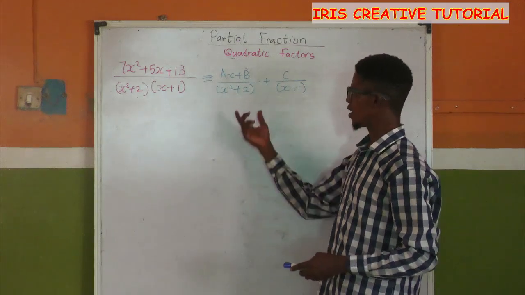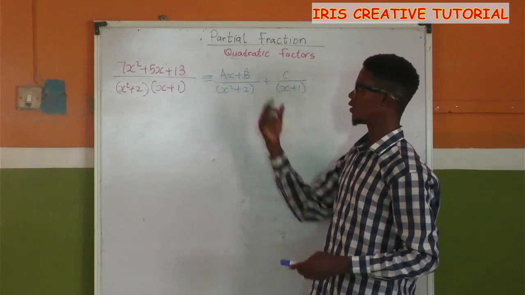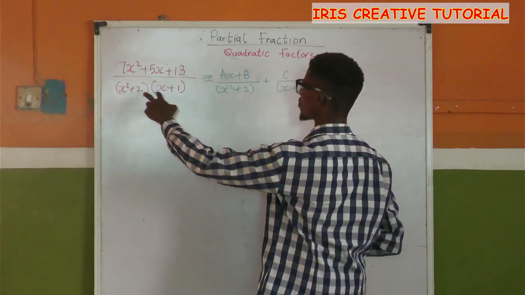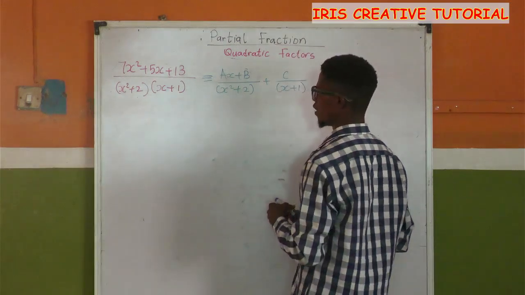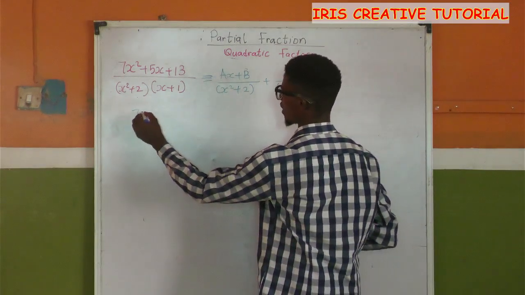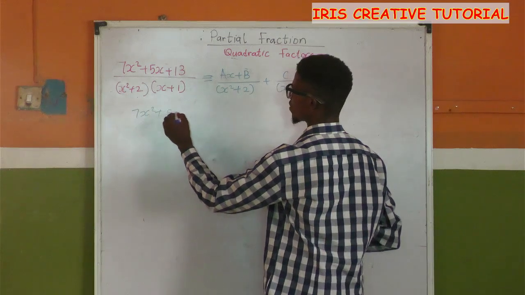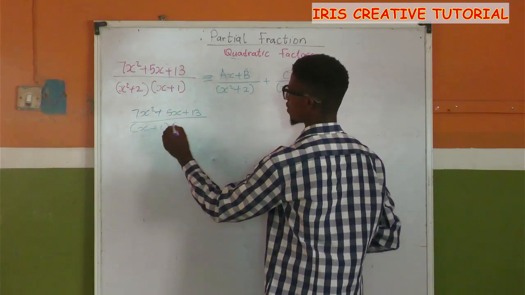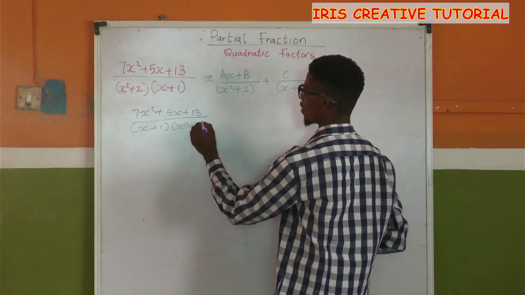Are you getting me now? So it's the quadratic expression that carries this particular variable. For instance, let's say we have 7x squared plus 5x plus 13 over x plus 1 times x squared plus 2.